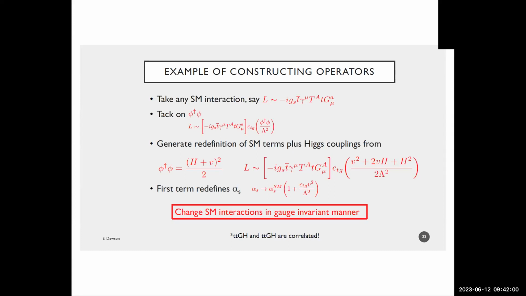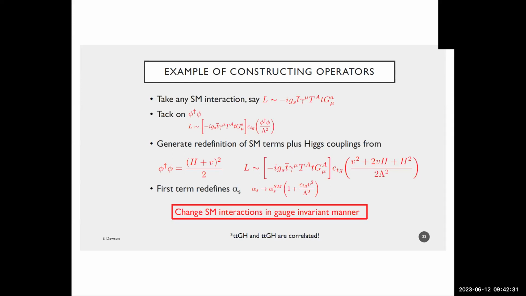So what this tells me is that what I thought was alpha s before, this g s squared, really has a piece that comes from this new physics interaction too. And this is general in this effective field theory: I rearrange the relationships of the Lagrangian couplings with the physical quantities. So the coupling of the top to the gluon isn't alpha s, but it's alpha s with a piece from my new physics. But I can do this consistently.